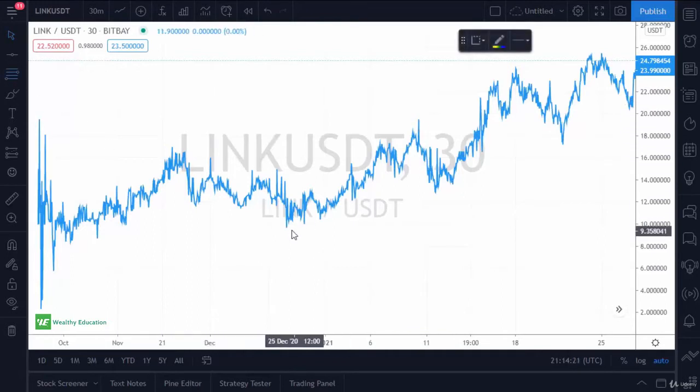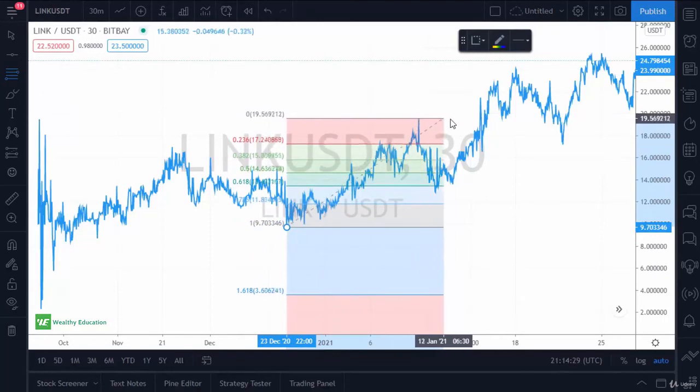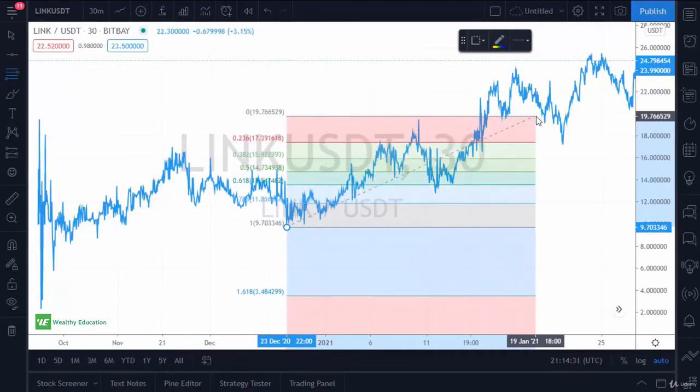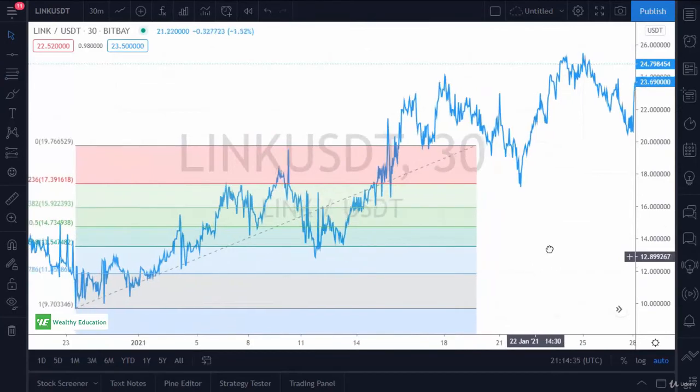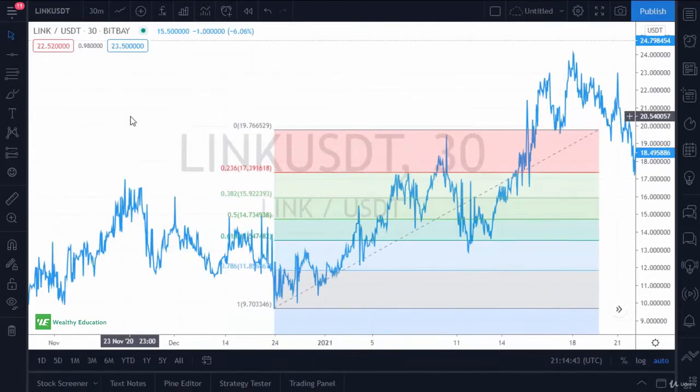In this case, you click that tool and then drag it up to that level there, and you draw it across. What you will find more often than not is that there is a Fibonacci retracement level that comes into play. And in this case, it is that 61.8 level. That's the basics of it.